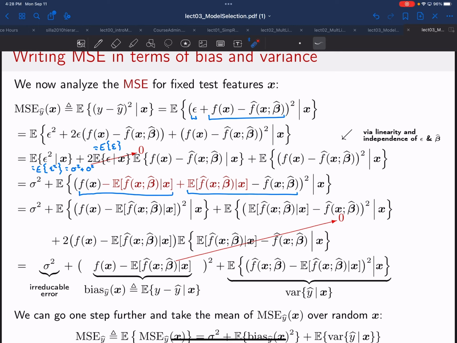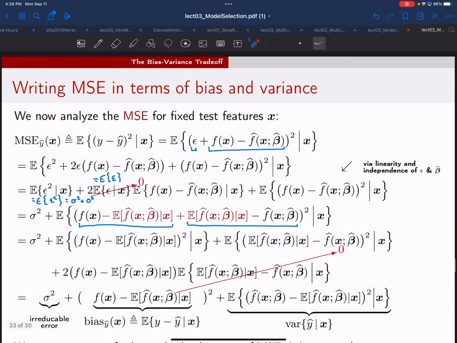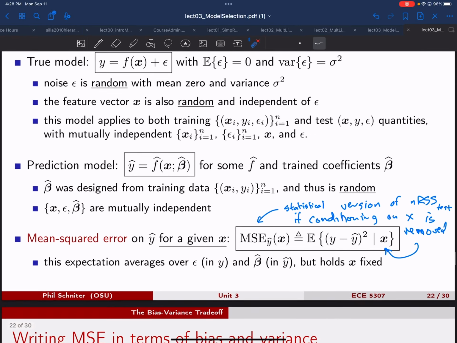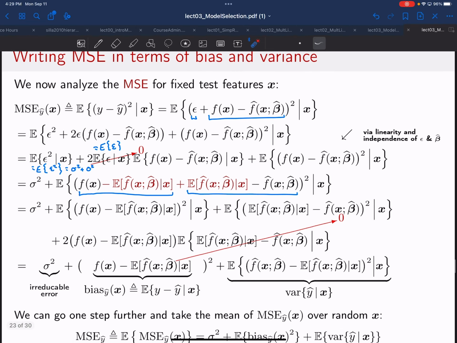It just means on average, over all the randomness, which is over all training data sets and over all test noises, if you average over all that, and you have an agreement between the true noiseless model and this average prediction model, you can set the bias to 0. And we'll see this occur in the experiments.